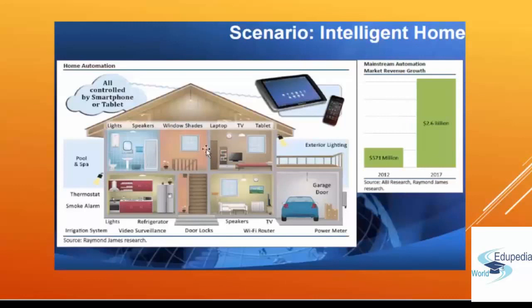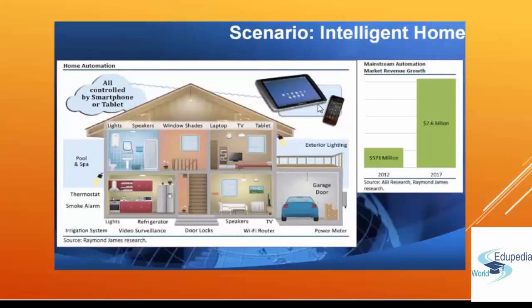Okay, here I have some kind of client and server-side interaction, just giving you an application, nothing else. It's called an intelligent home. If you look here, home automation, all controlled by smartphone or tablet.